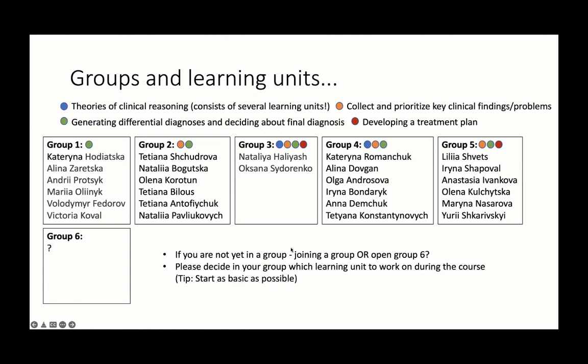And for the existing groups, I see only 1 learning unit for group 1, generating differential diagnosis. I think group 1 is set. I guess they will work on this learning unit. All other groups have a lot of different learning units they want to work on, which is, of course, great. We just think that for the first pilot and this Train the Trainer course, it would be great if each group could decide on which learning unit they want to prioritize and start with.